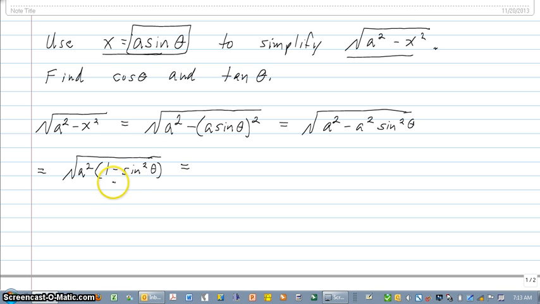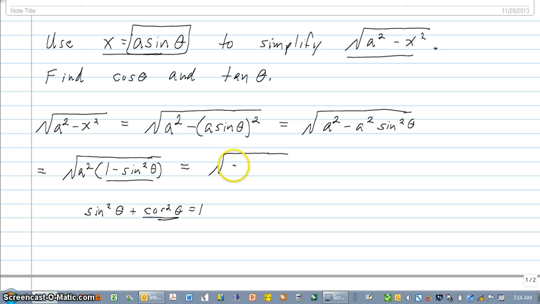Okay, and from the identity that sine squared plus cosine squared equals 1, we know that 1 minus sine squared must be the same as cosine squared. So that's because of this identity. If I solve for cosine squared, I get 1 minus sine squared.